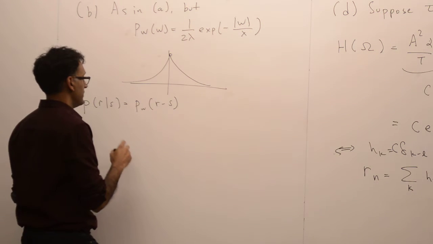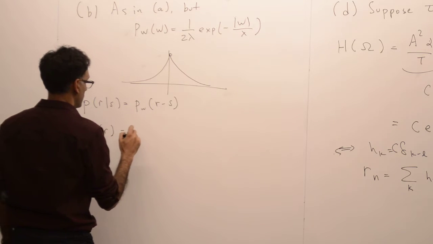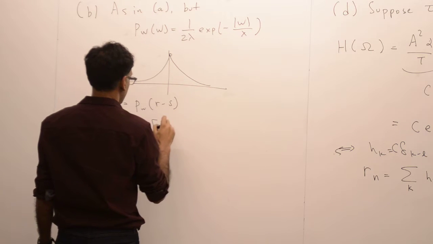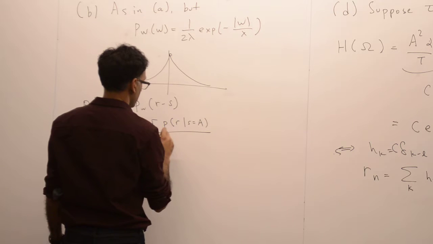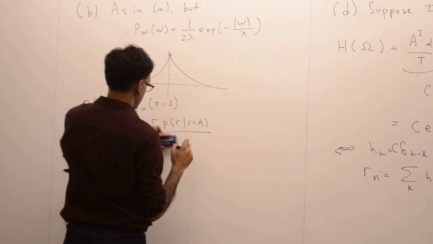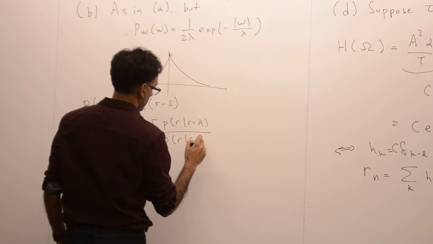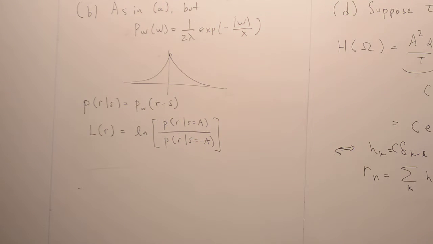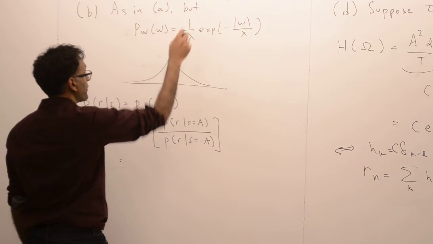And in this case, so L of R will be log of, now this guy here will look like the 1 over 2 lambdas.